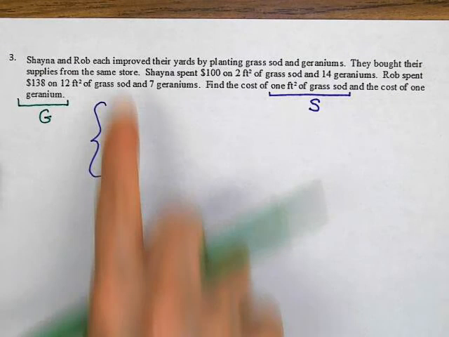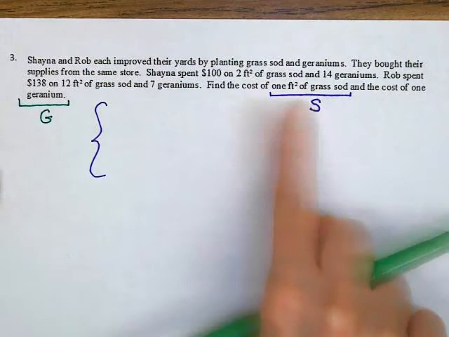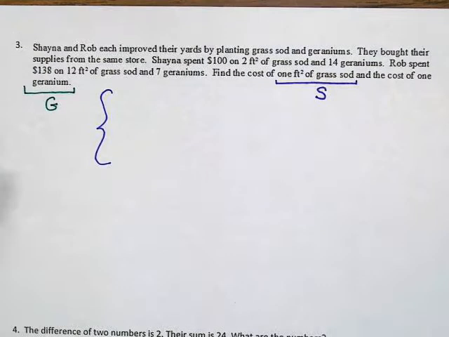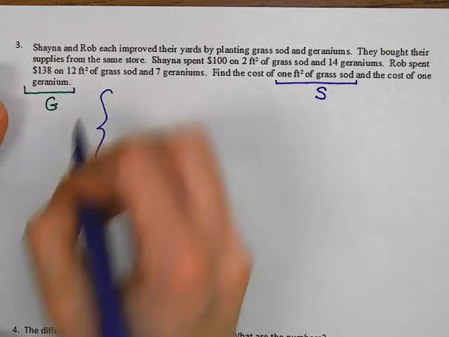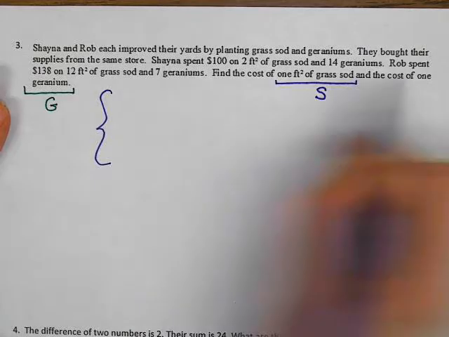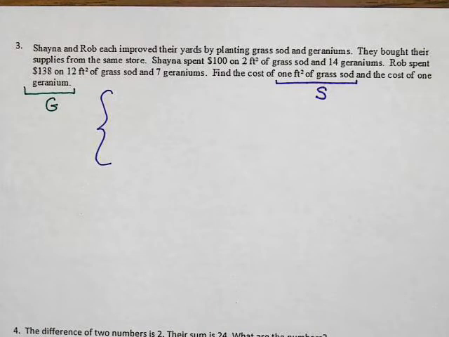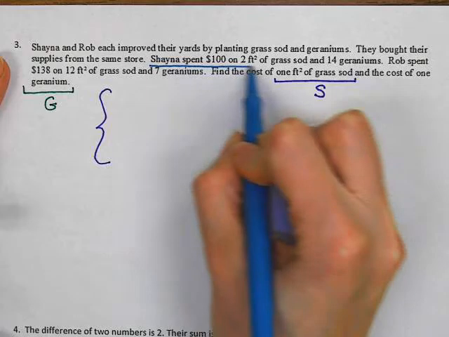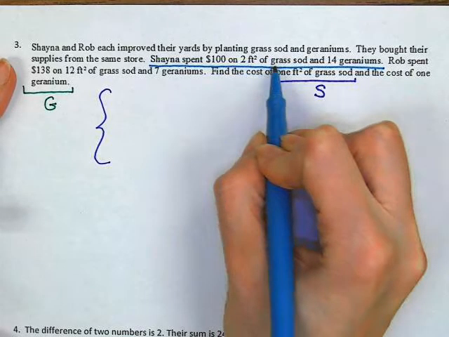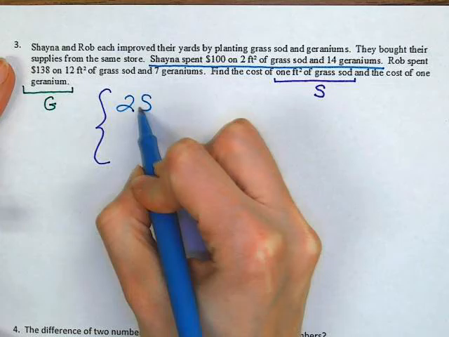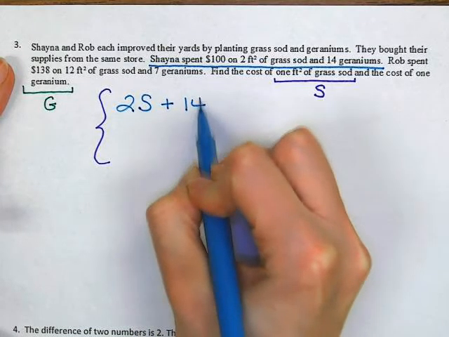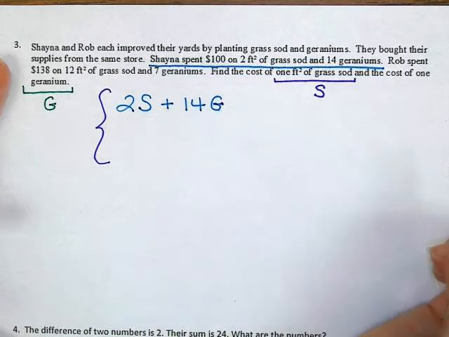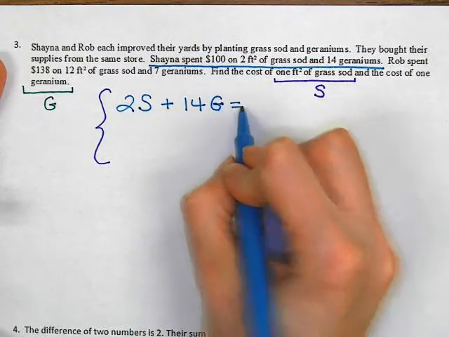All right, let's see if you guys can put this information into 2 equations that make sense. Okay, so it looks like we have one of those stories with 2 different situations. We have Shayna doing something and Rob doing something. So let's do Shayna's first. Shayna had 2 of the grass sods, so 2S, and 14 of the geraniums, and she spent $100.